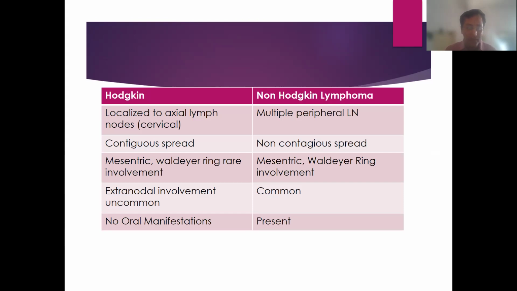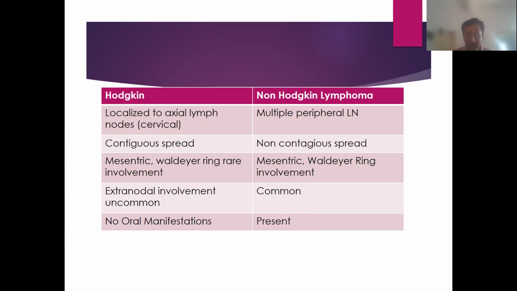Extranodal involvement is rare in Hodgkin, while in non-Hodgkin extranodal involvement is always there. No oral manifestation we are finding here, but oral manifestations are always found in non-Hodgkin lymphoma.